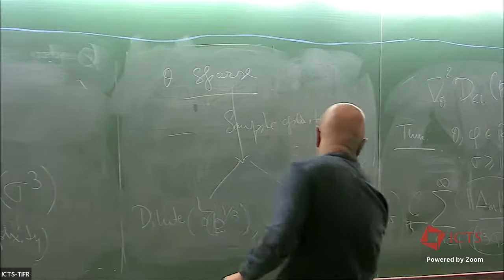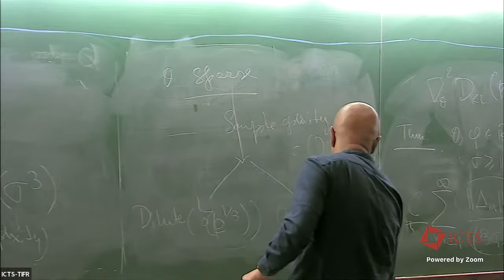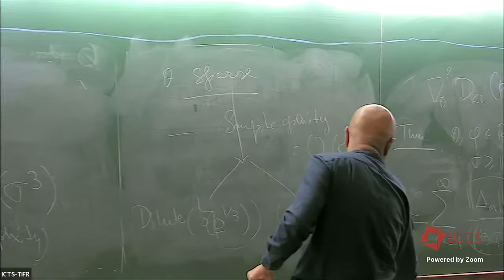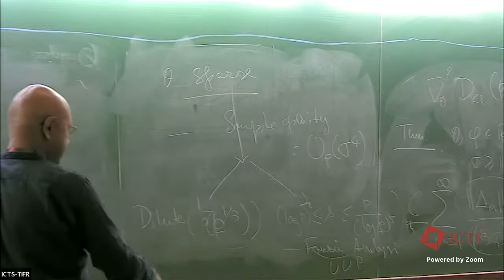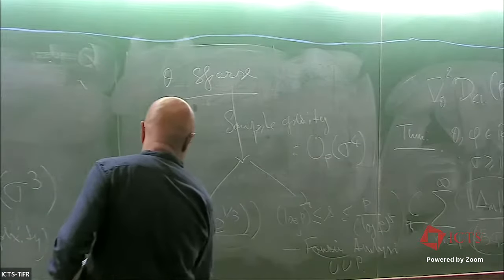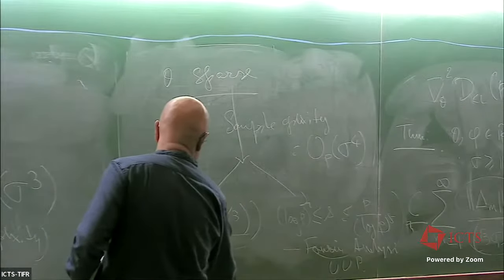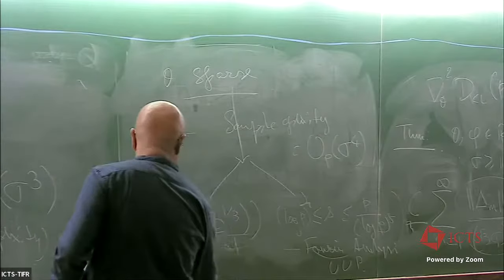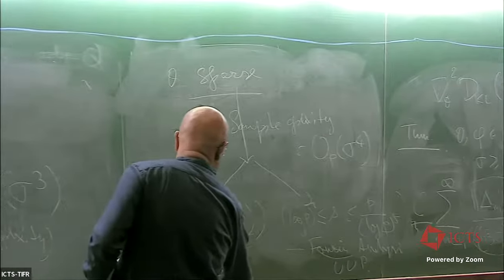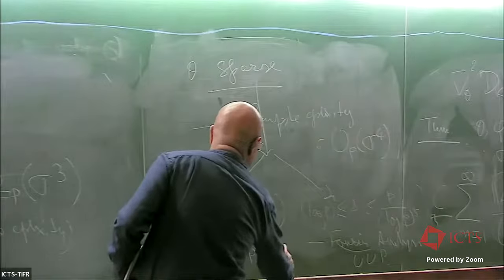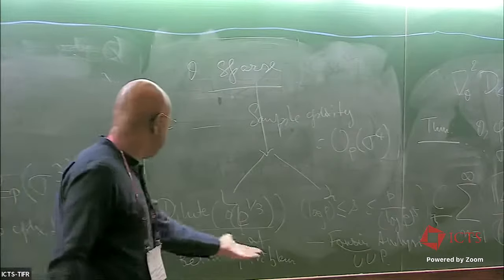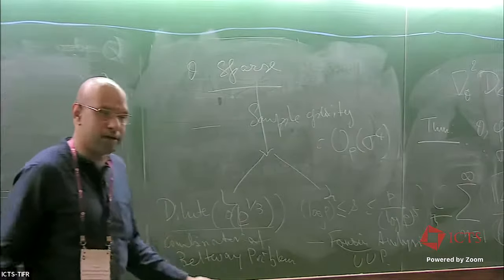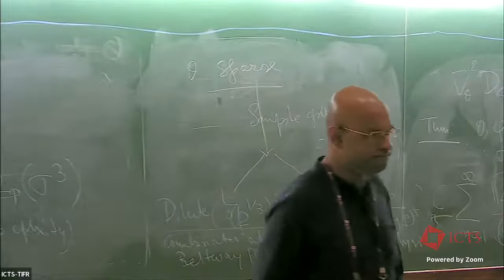And here the techniques are Fourier analysis and uniform uncertainty principle. I will be happy to chat with anyone who is interested in this later. And in the dilute regime of sparsity, the techniques are combinatorial. And in particular, they connect to the so-called Beltway problem from combinatorial optimization, which is another interesting Pandora's box. And if anyone is interested in this aspect, I'm also happy to chat offline. Okay, thank you.